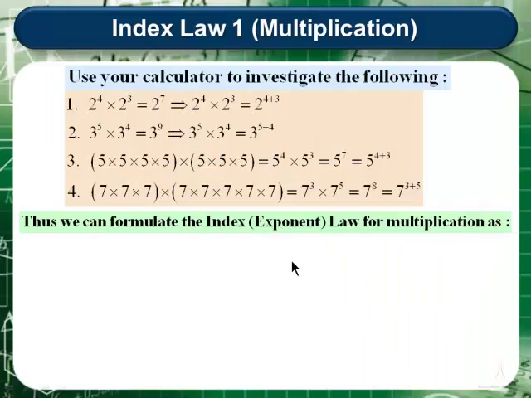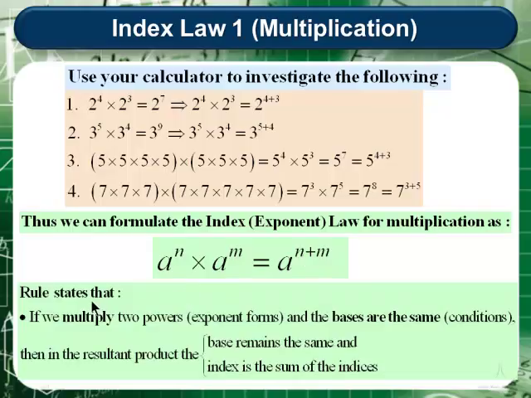So what can we formulate? We can formulate that if we have a to the power m and we multiply it by a to the power n, then this product will be a to the power m plus n. So what does this rule really state? It simply says that if we multiply two powers, in other words numbers in the exponential form, and the bases are the same.